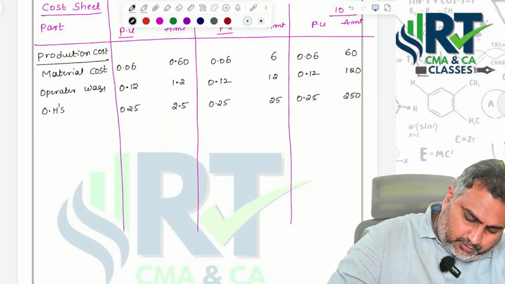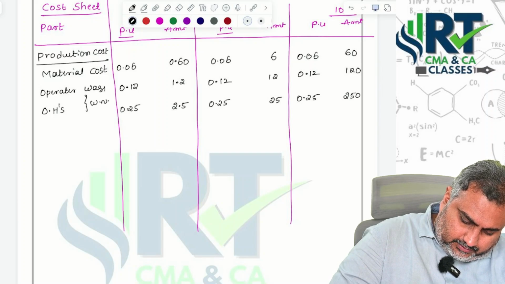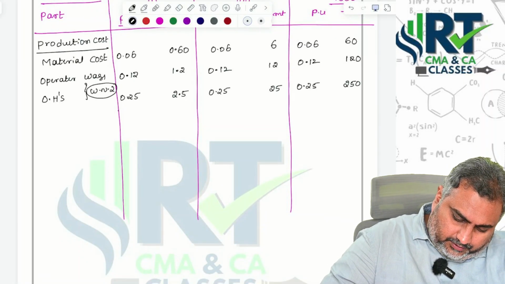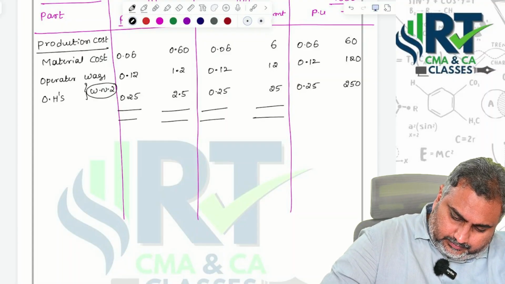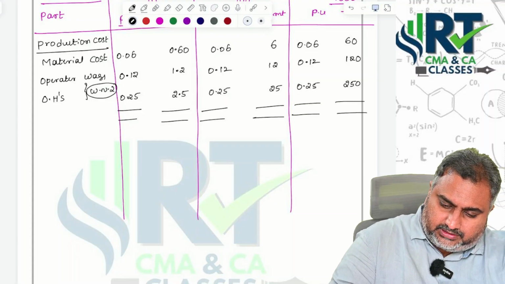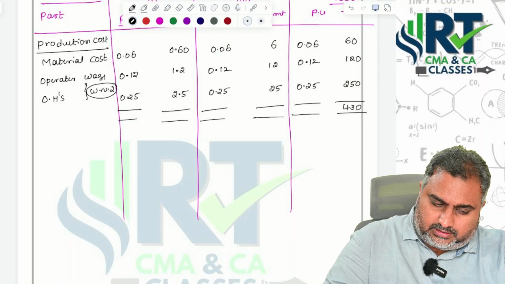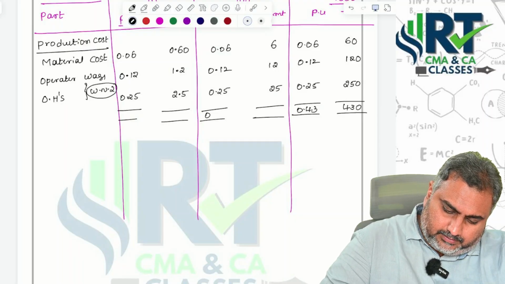Both of these will cover working note 2 point of view. These two will cover. If you add until this, these are all production cost, which means variable cost per unit will be the same, in total it changes.